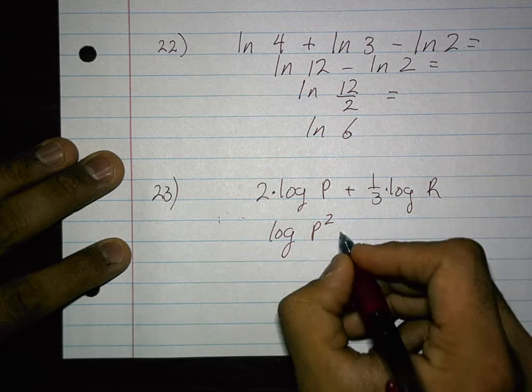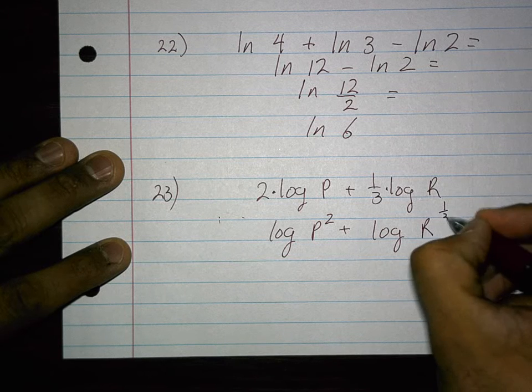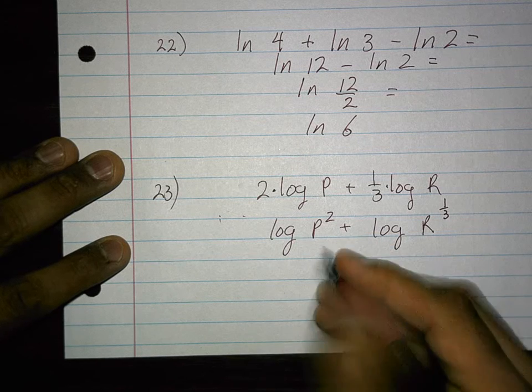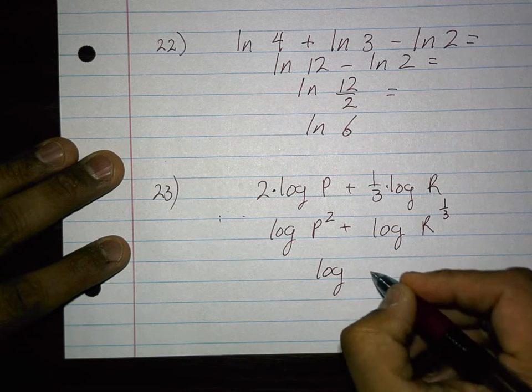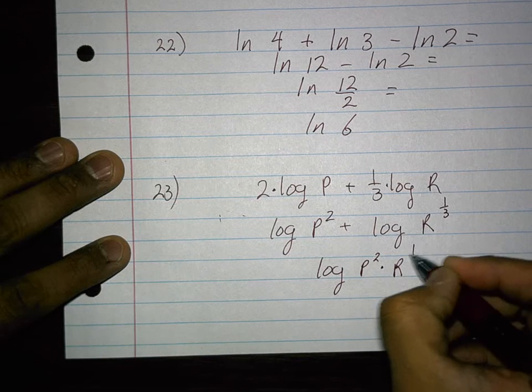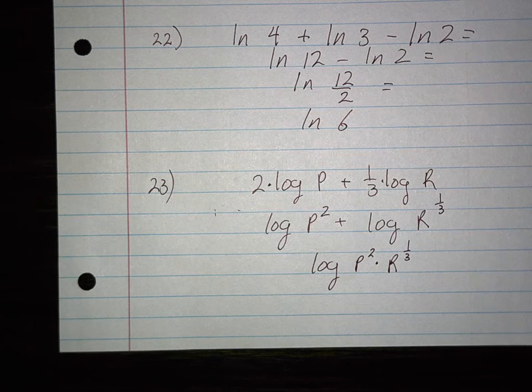Right, power rule. You can think of it as power rule in reverse, I guess. Okay. Then I have the product property right here, and then these two are going to be products of each other. Okay. And there's our answer. I can't do anything else with it besides that.